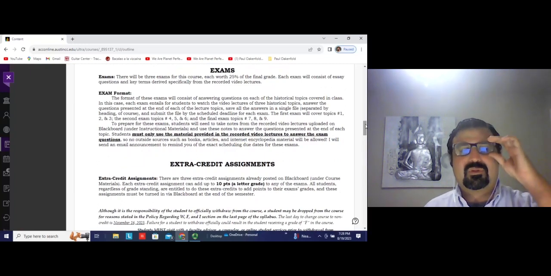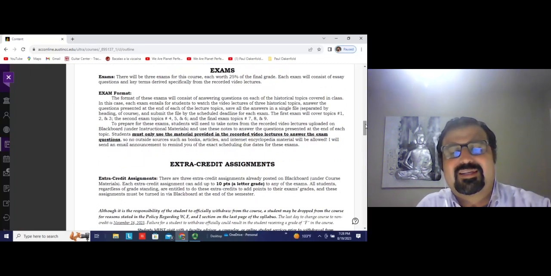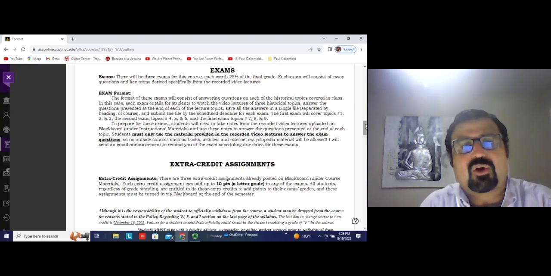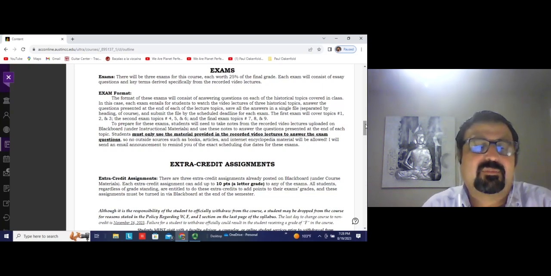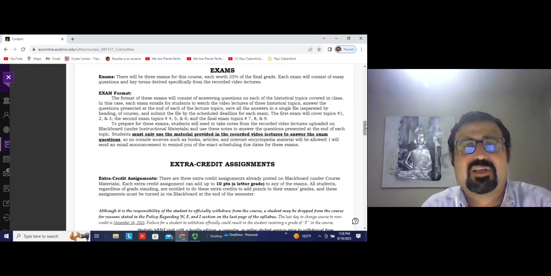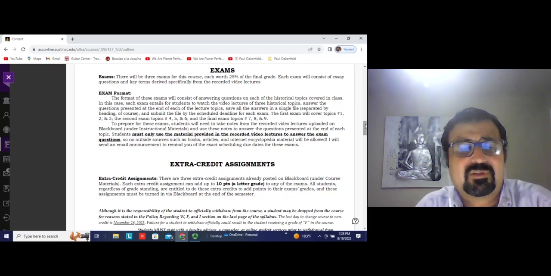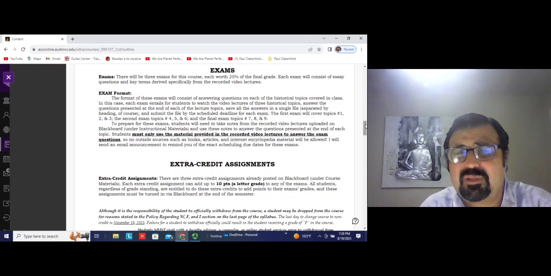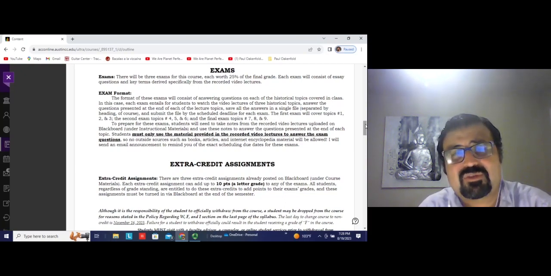And the way they're going to be structured is that, first and foremost, they're not going to be given on a specific day, where you take the exam on that day and have a certain time limit to do it. This is more like a writing assignment. You have plenty of time. It's about 5 weeks for each exam. So you have about 5 weeks to complete the first exam, and then after that, another 5 weeks for the second exam, and then 5 weeks for the final.